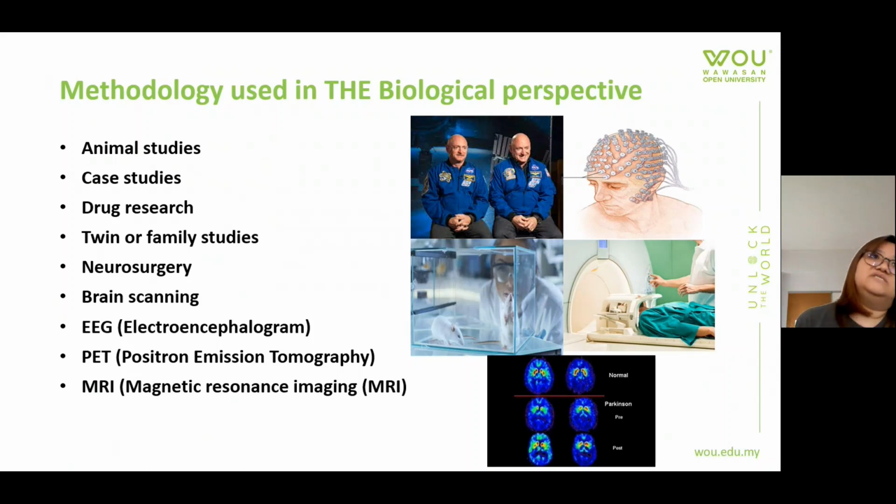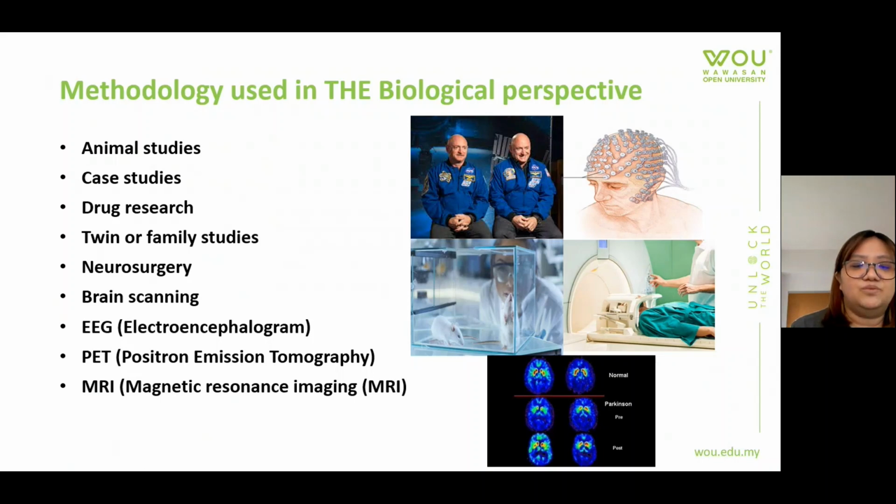For example, previously in my experience, I wore this EEG kind of thing to record my brainwave movement when I was playing video games. Yeah. So actually the study is about brain activity when we play and when we perform certain tasks. So we do have this kind of apparatus to study brainwaves.